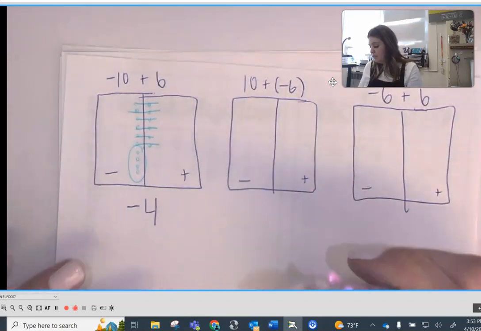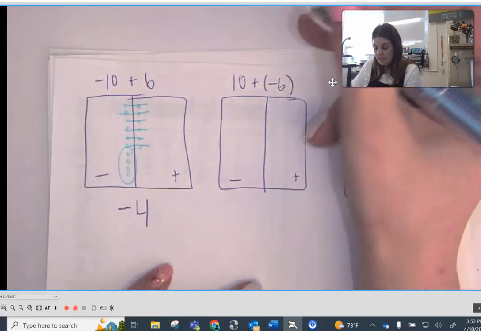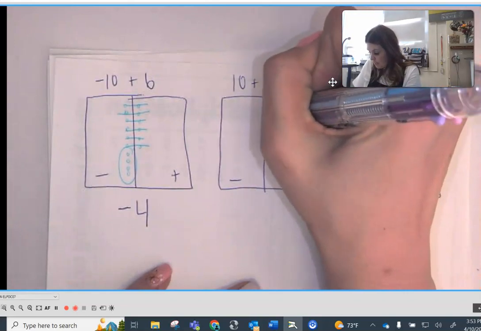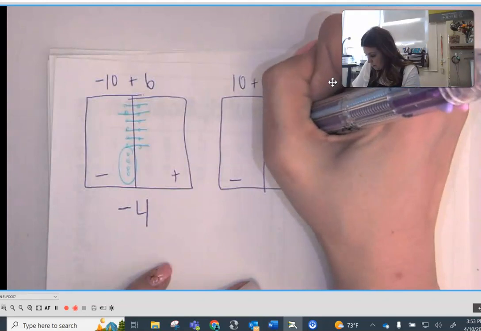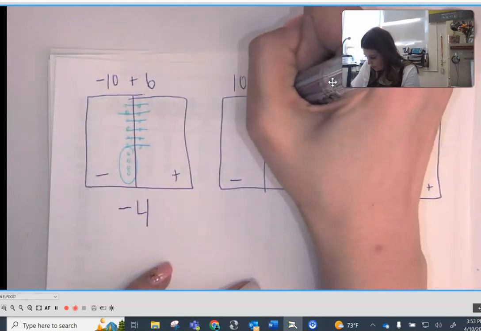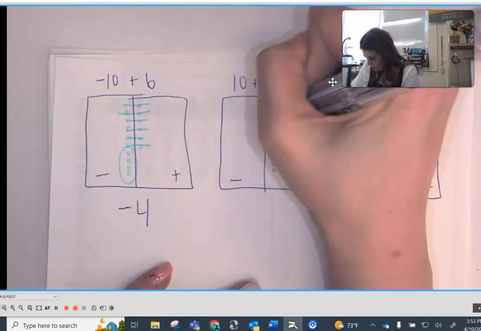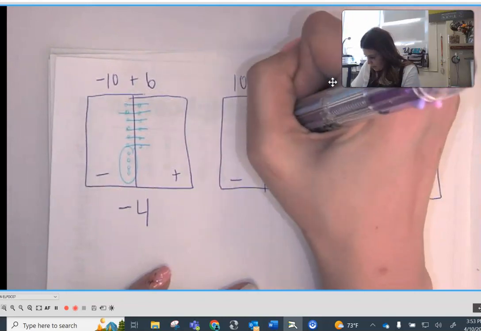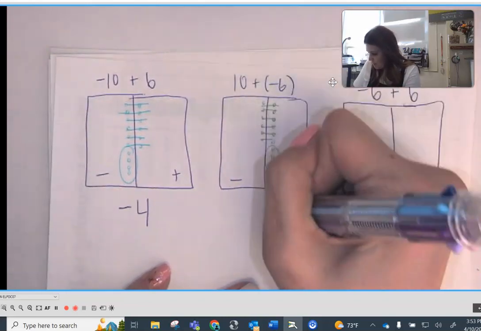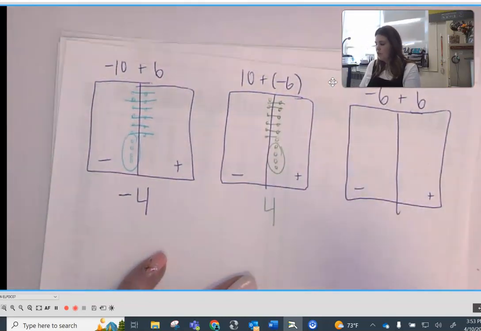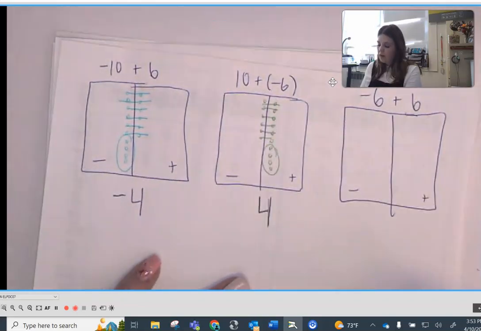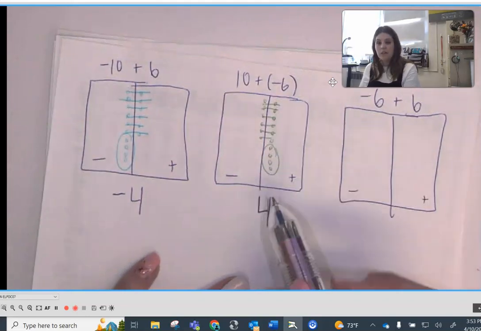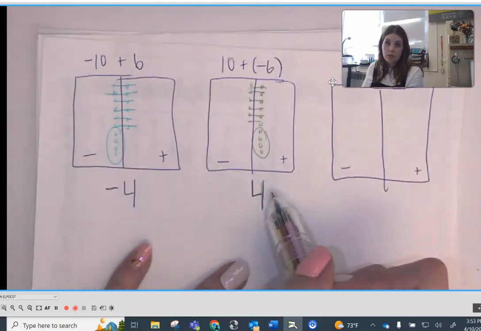It's slightly different though when the 10 is positive. So I put 10 on the positive side, 6 on the negative side. I cancel out once again, but this time my leftovers are on the positive side. I don't have to write the positive on here because we just assume all numbers are positive.